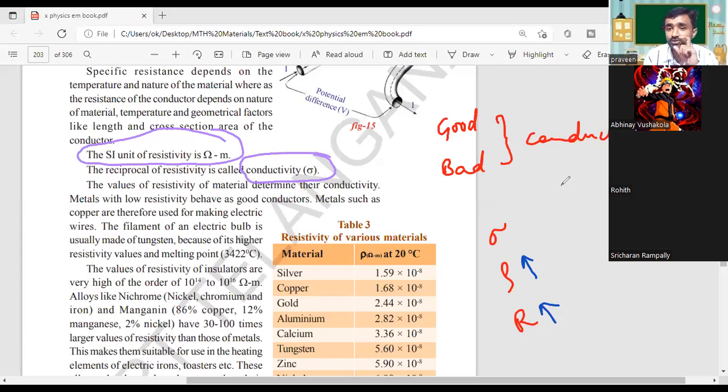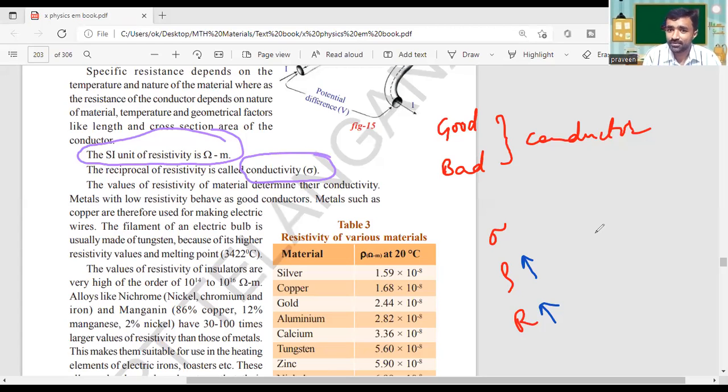What happened? Not answering. Are you following or not? No answer. So simply, conductivity decreases. Once the conductivity decreases, it is classified as a bad conductor.